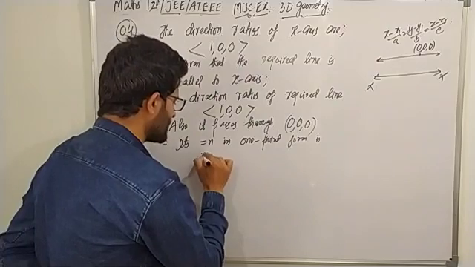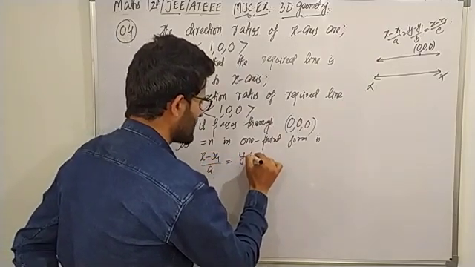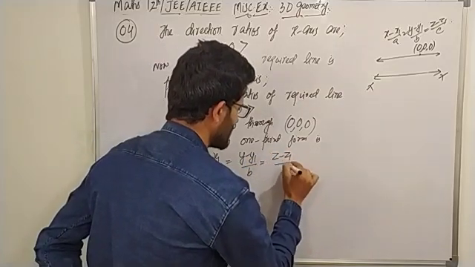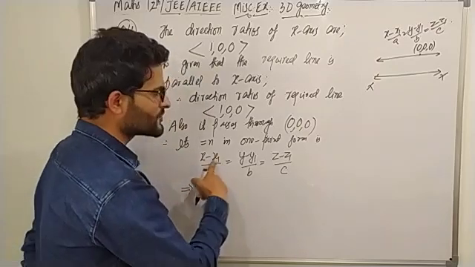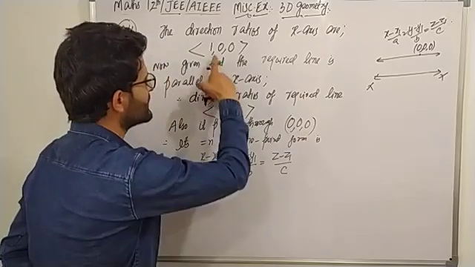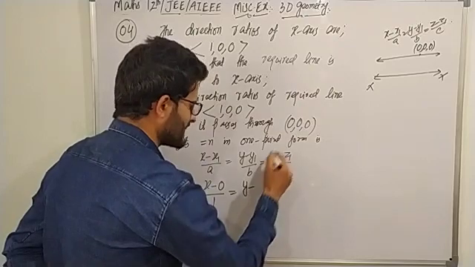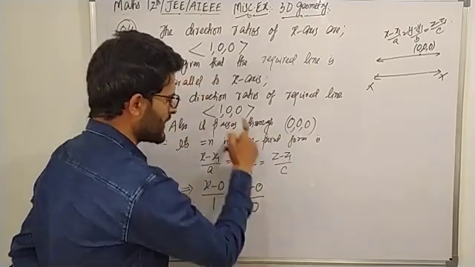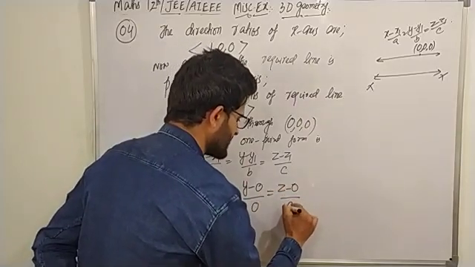One point form of equation of line: (x minus x1) by a equal to (y minus y1) by b and that's equal to (z minus z1) divided by c, which implies x minus x1, the x coordinate of the point through which it passes, 0, divided by a, the first direction ratio, that is 1, is equal to y minus y1, that's again 0, divided by b, the second direction ratio, that is 0, is equal to z minus 0 divided by 0.